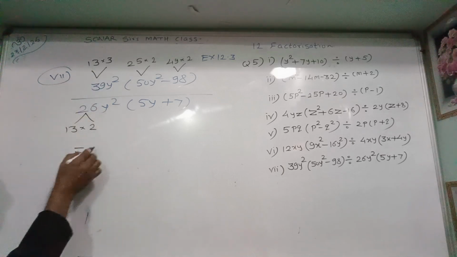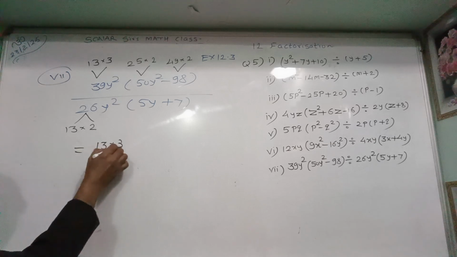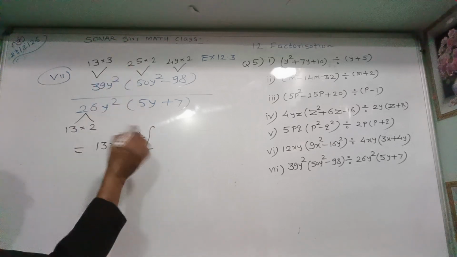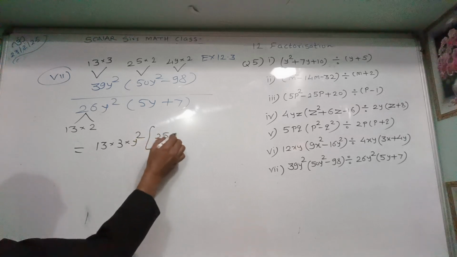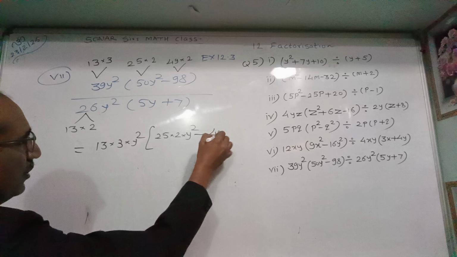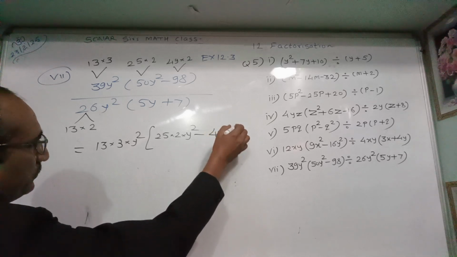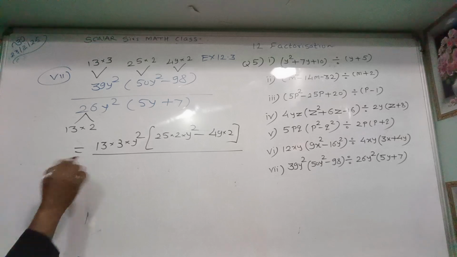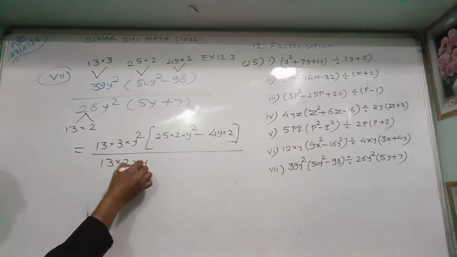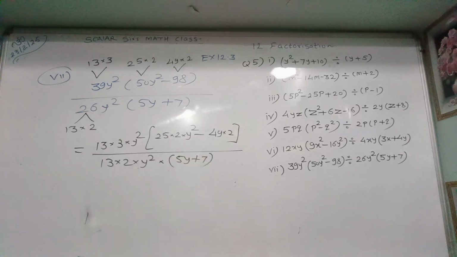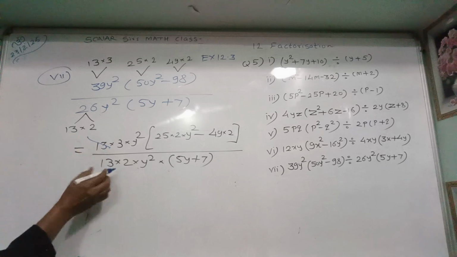Now see, they are split up: 13, 3, y square, in bracket 25 into 2 into y square minus 49 into 2, and this bracket is complete. In the denominator 13 into 2 into y square in bracket 5y plus 7. Let's see whether the terms outside of the bracket cancel.